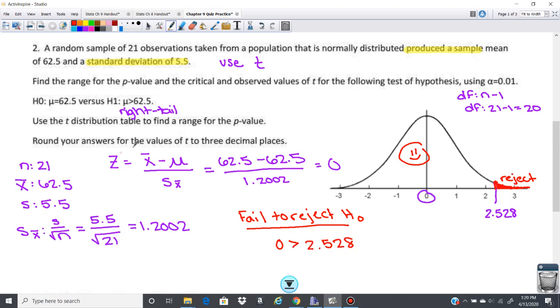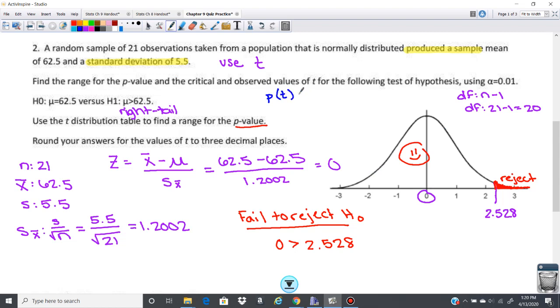Okay, and then it also is asking for the p-value range. Okay, so if your significance level is 0.01, that's your alpha, you need to find the p here. This should just be 50% for this one because it's 0.